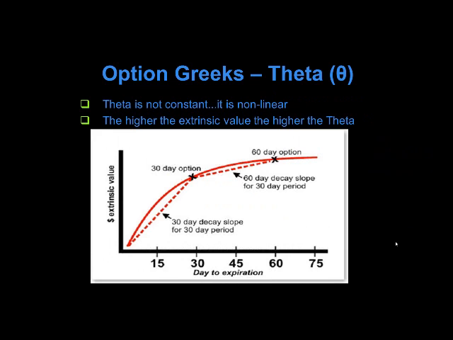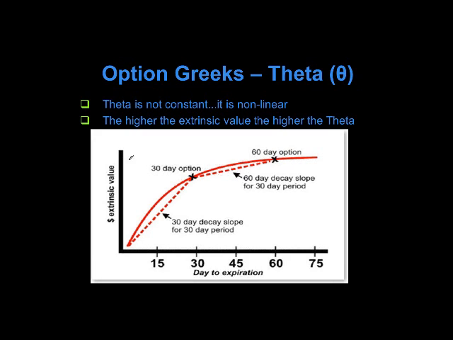Theta is nonlinear, as we talked about. So the key thing here is, as you can see where my cursor is right here, 60 days out, you can see across on this graph, you've got theta out there, and if I were to draw a line right here, it would basically look like that, right? This is right in that area is the amount of theta. 30 days out, it goes like this. So really, I'm only losing that much in 30 days of the value of that option.